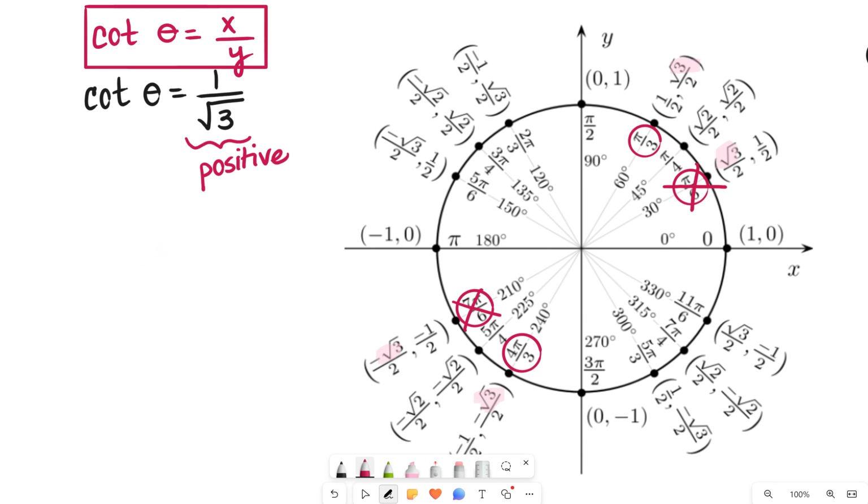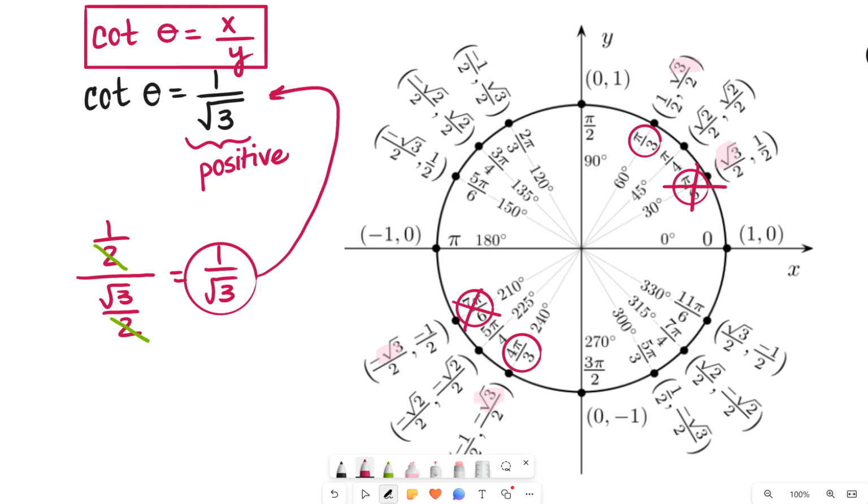So x divided by y, so in this case it's 1/2 over square root of 3 over 2. Well, the denominators are the same. So now I'm left with 1 over root 3. And that is identical to that.